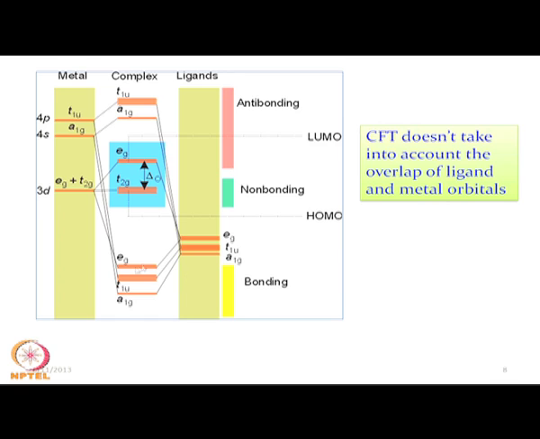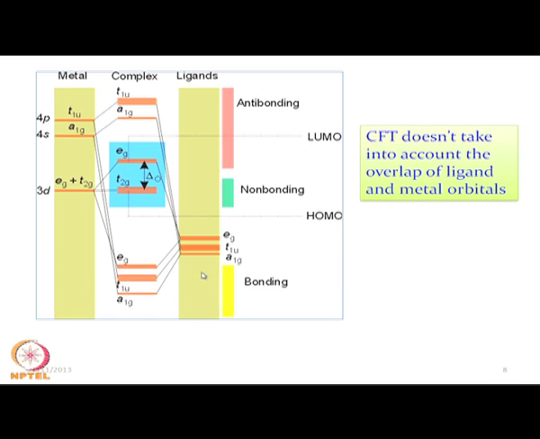The strength of the metal ligand bonding, or the strength of the metal ion complex, depends purely on this sort of interaction, where we have the 6 orbitals of A1G, T1U and Eg symmetry serving as the bonding level, the blue and yellow shaded region.